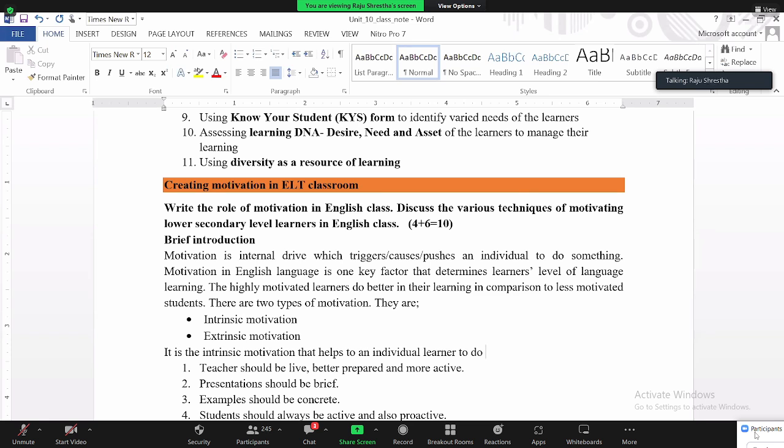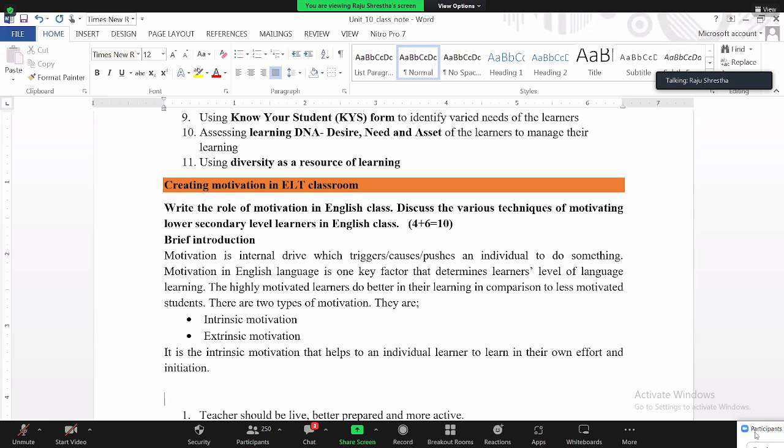It is the intrinsic motivation that helps an individual to learn in their own effort and initiation.